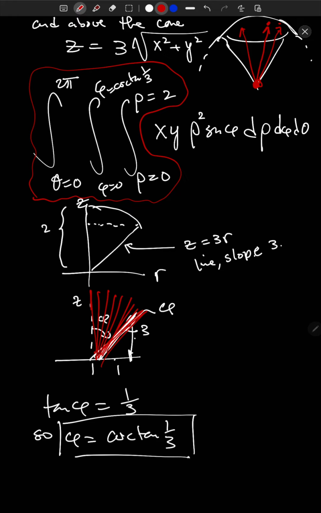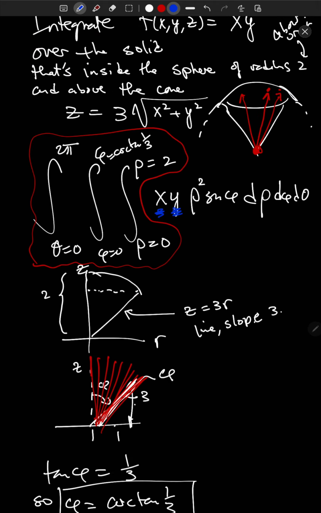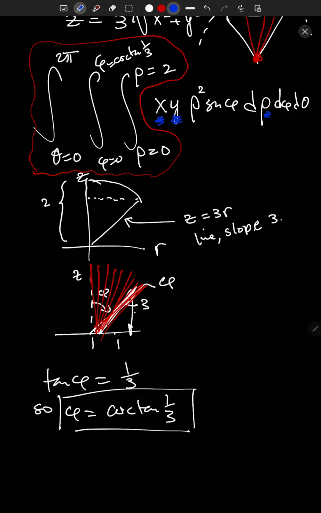So that's really great, and it's a great feature of using spherical coordinates. However, of course, you're going to have to convert this x and y into spherical coordinates if you want to do the integral, because our integral should be in terms of rho, phi, and theta, right? So you're going to have to convert the x. x equals rho sine phi cos theta, and y is rho sine phi sine theta. All right.